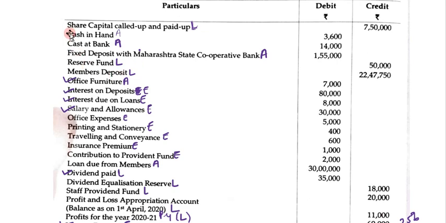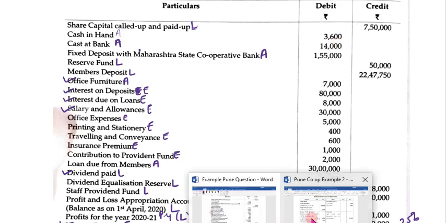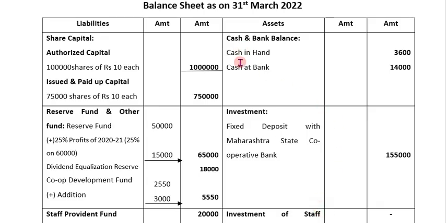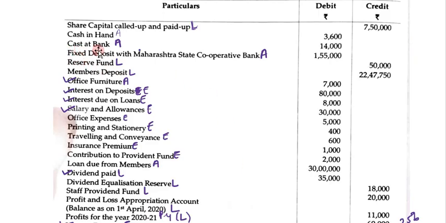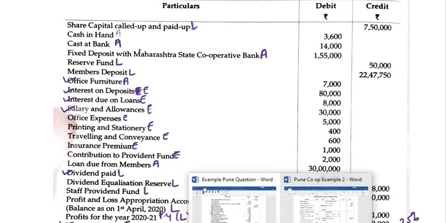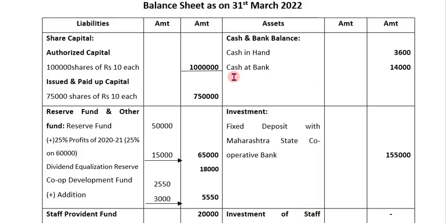Next is cash in hand, asset. Cash in hand amount is rupees 3,600. So on the asset side, cash in hand rupees 3,600. After that, cash at bank 14,000. So on the asset side, cash at bank 14,000.